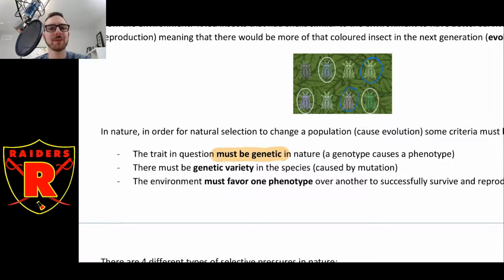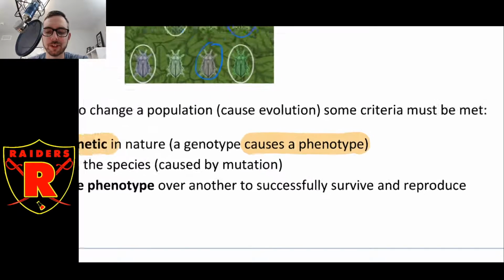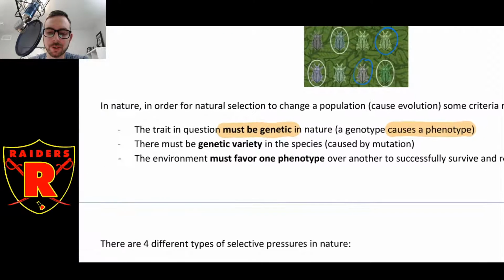The reason for that phenotype is purely environmental. It would be like if I worked out a whole bunch and got super jacked. That would be environmental, so that's not genetic, and I can't pass that on to my offspring because it's environmental. So the traits we're talking about here have to be genetic traits. That is, a genotype is causing the phenotype.